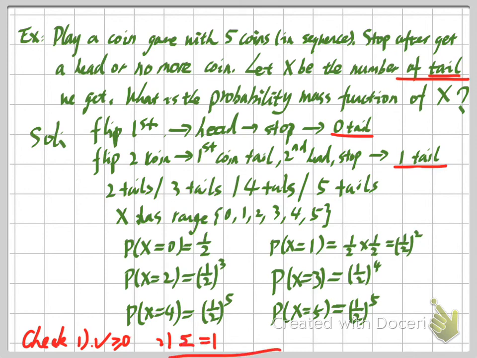If you compute 1/2 plus 1/2 squared, until plus 1/2 to the 5th, you will get 1. You can use a calculator to check this, and this is what you should do in a probability project, or in your exam or assignment.